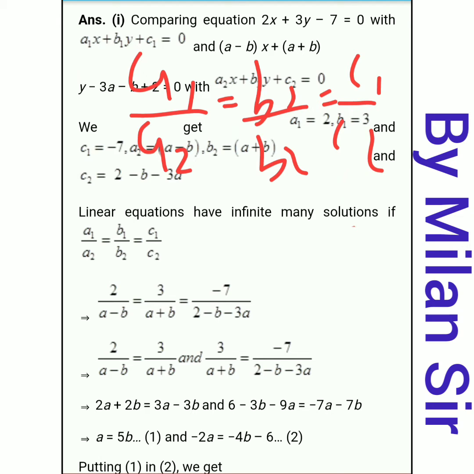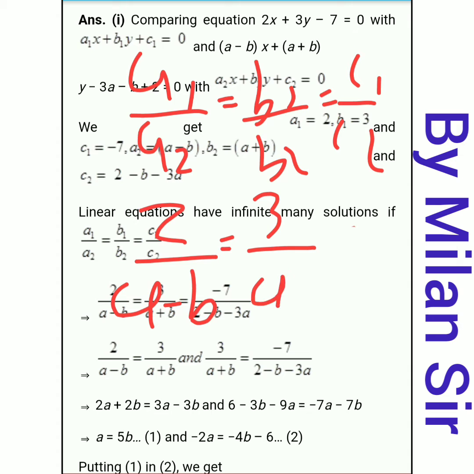So 2 upon a minus b is equal to 3 upon a plus b is equal to minus 7 upon 2 minus b minus 3a.